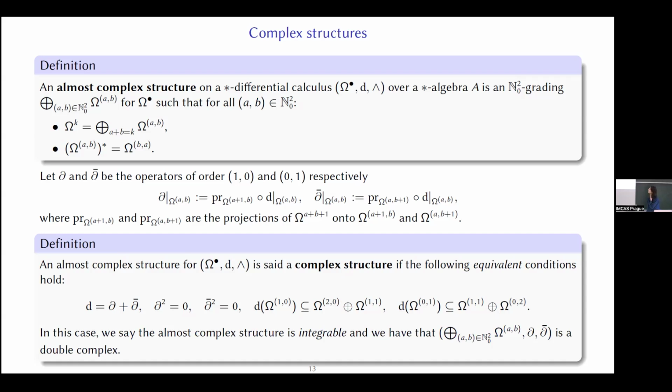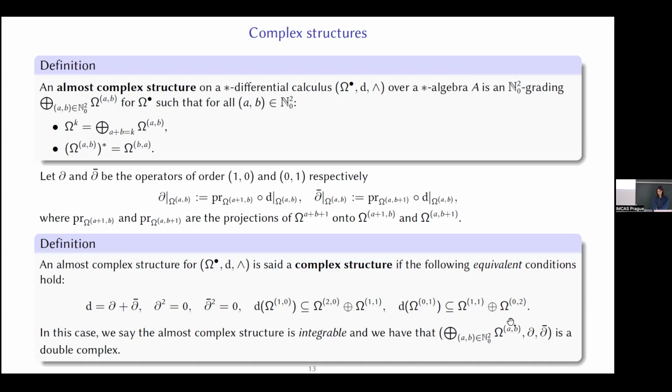Yes, it should be an N² algebra grading on the star differential calculus. It means exactly what Thomas said: when I have two forms, an (a,b)-form and an (a',b')-form, and I multiply them, it goes into (a+a', b+b'). Okay, good.